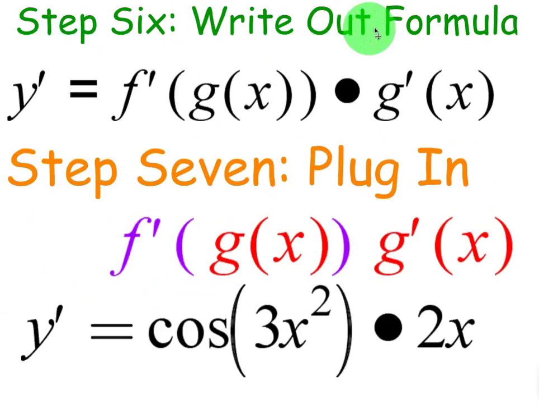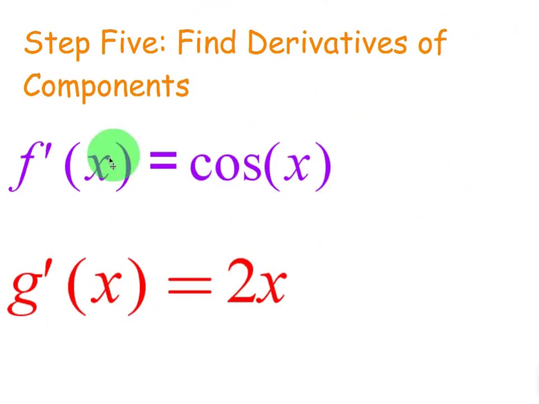Okay, now we're going to write out the formula for the derivative of a function inside of a function, which is f prime of g, so you're plugging in g for x inside of your f prime function, times g prime. Then we're going to plug that stuff in. So notice, what was f prime of x? F prime of x was cosine. The way the chain rule works is we're plugging in g for x.